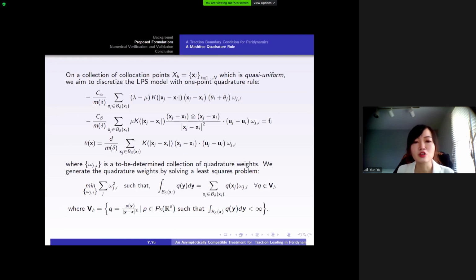For each of the discretization points, in the pre-processing step, we solve a local optimization problem, and then we generate this quadrature rule such that this integral is accurate for a group of functions. For the LPS model specifically, we hope that it's accurate for quintic polynomials divided by |y minus x| to the cube.